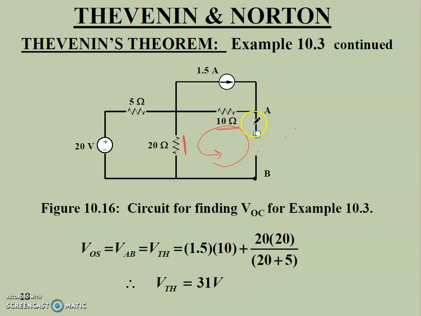Since A and B is open circuited, the current here is 0 ampere, so this 1.5 ampere current will flow through this path only.